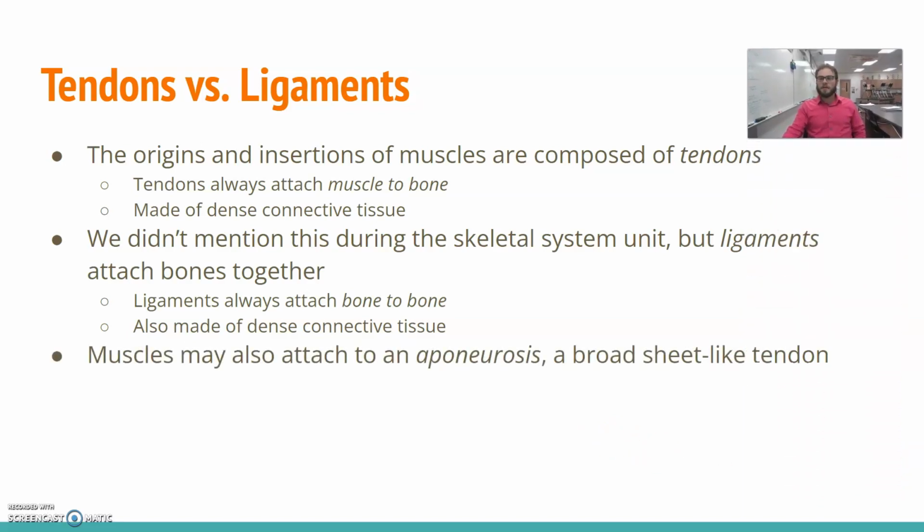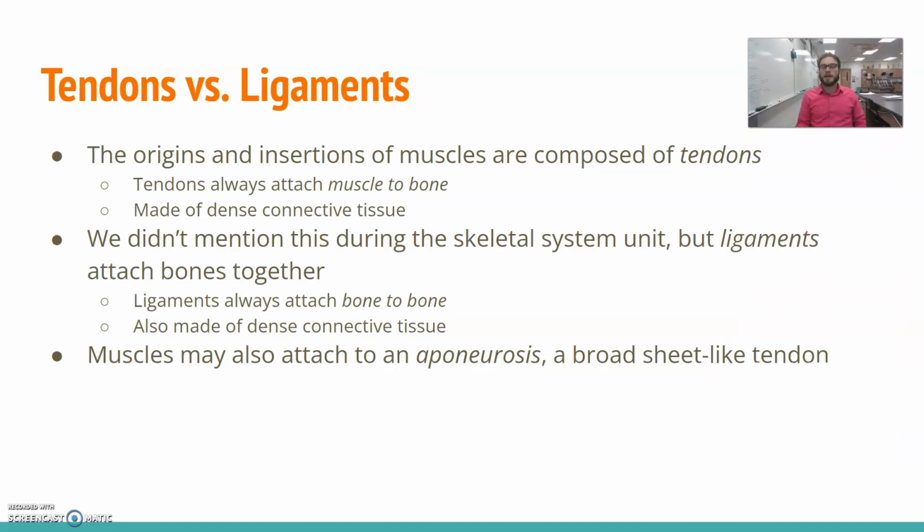You do have other attachments that aren't necessarily known as tendons. You can have an aponeurosis, which is a very broad sheet-like tendon that muscles are going to be attached to. You actually have an aponeurosis on the top of your head, so your frontalis muscle is not going to go directly into your frontal bone or to your parietal bones, but it's instead going to have an aponeurosis that it is then going to attach to.